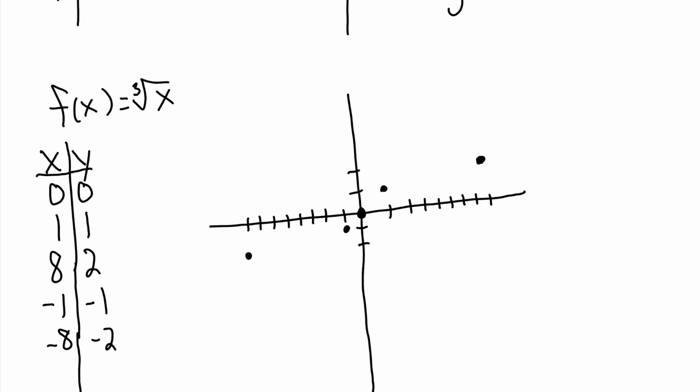And we'll connect them and it'll look kind of like this. So it looks similar to the cube function, just rotated around. And there's a reason for that, which we will see later on.